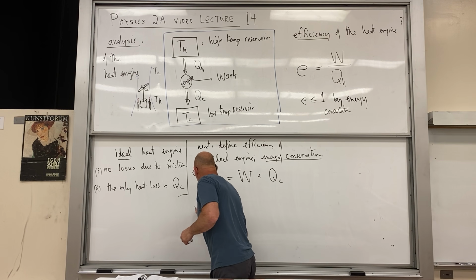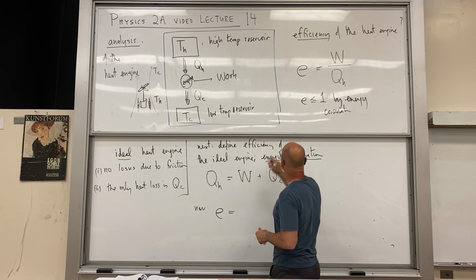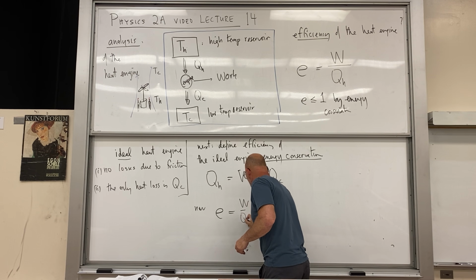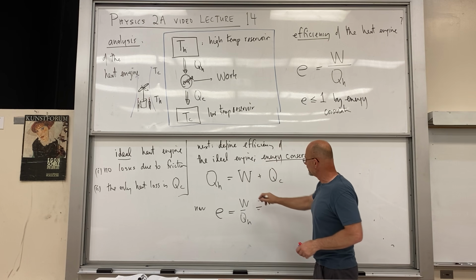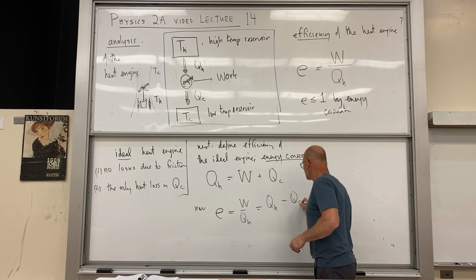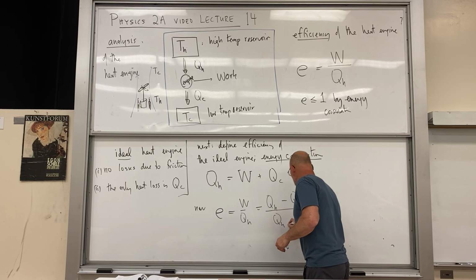Now we do this efficiency. Now E is equal to W over QH. I'll go ahead and write it out, W over QH. But what is our W here? It's QH minus QC, just bring that to the other side, divided by QH.